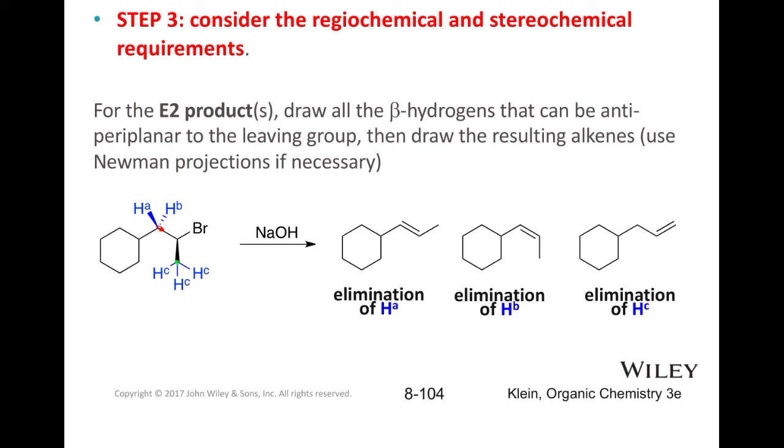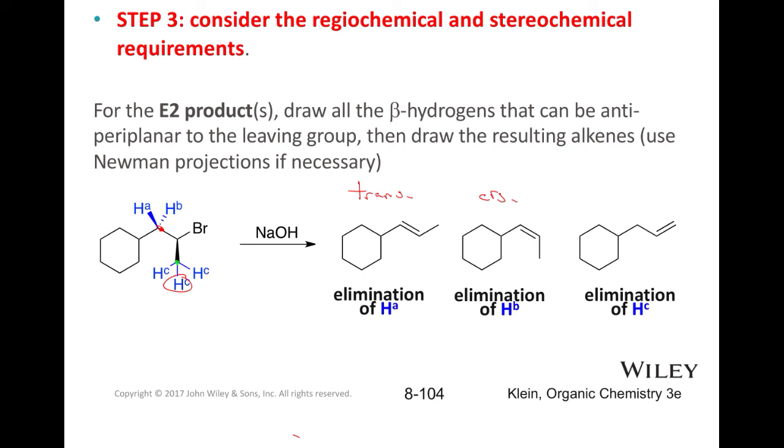So that means that we can get both the trans stereoisomer and the cis stereoisomer. And then even though this is the less substituted alkene, if I pull off one of these protons here on this beta carbon, I'm still going to get that product as well, and that is going to be the Hoffman product. So here we go.